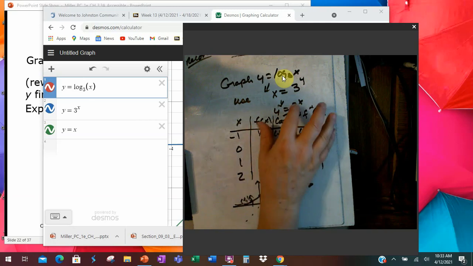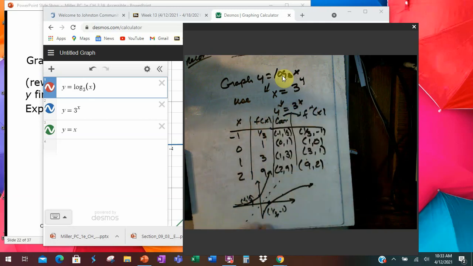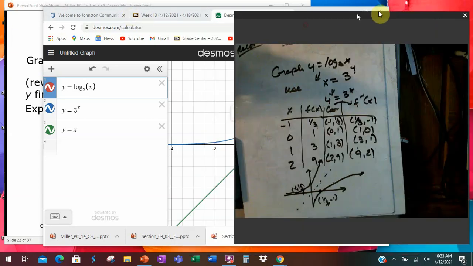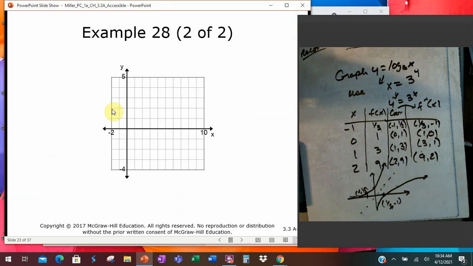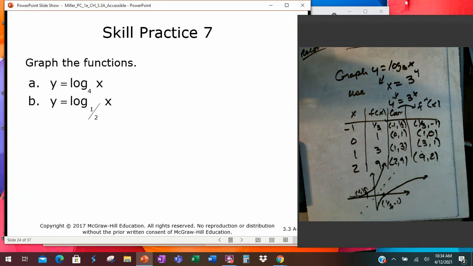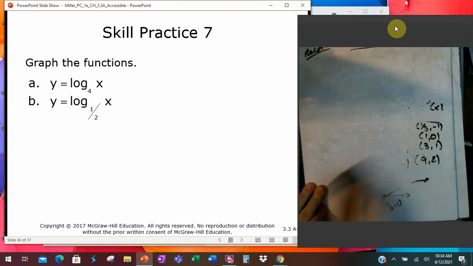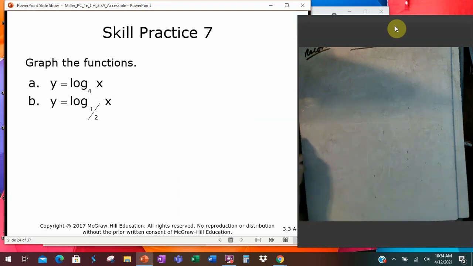So do the ones that you know easily, and then draw your smooth line through there. There we graph. So let me kind of do that for a different one, and we'll bring it back up in Desmos.